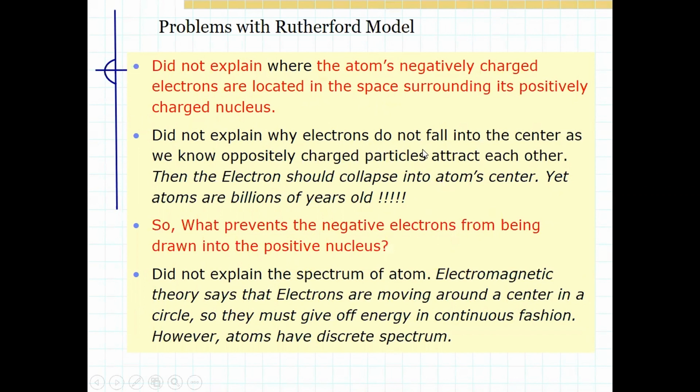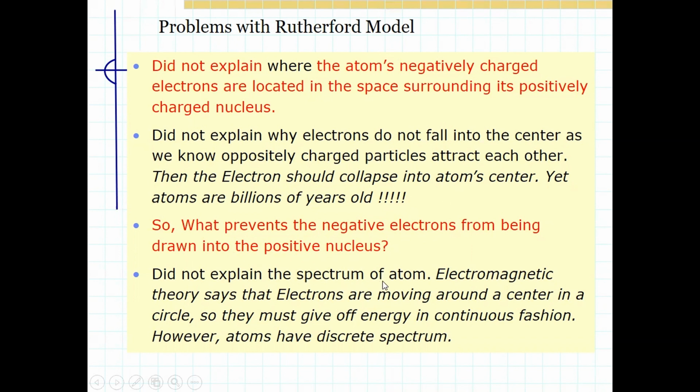It does not explain why they don't fall to the center, why the electrons are not making sure to collapse the atom. Atom is there. It is for billions of years there. Why is it not showing any attraction towards the nucleus? What prevents the negatively charged electrons to be drawn into the positive charge?